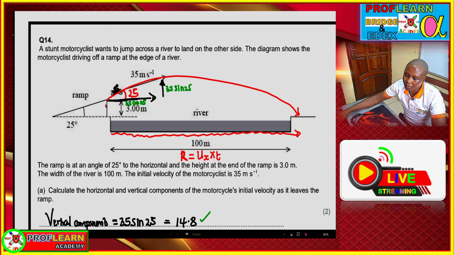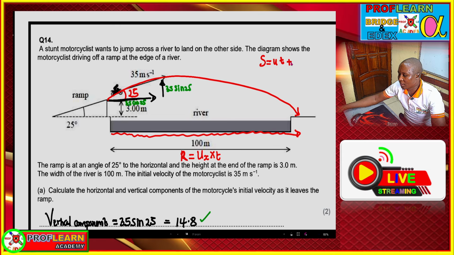For the time taken for this particular distance, you are going to use s equals ut minus a half gt squared. In this case we use minus because initially when it started moving, it's moving vertically up.